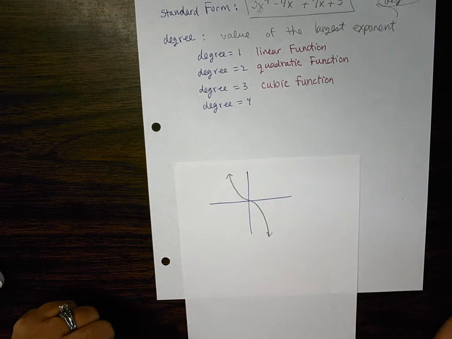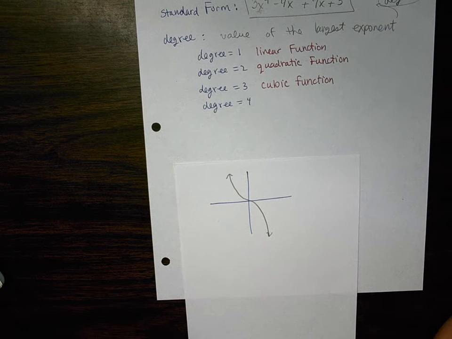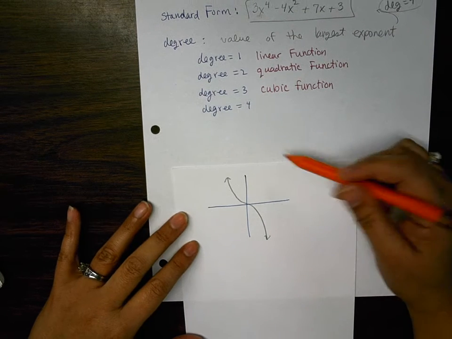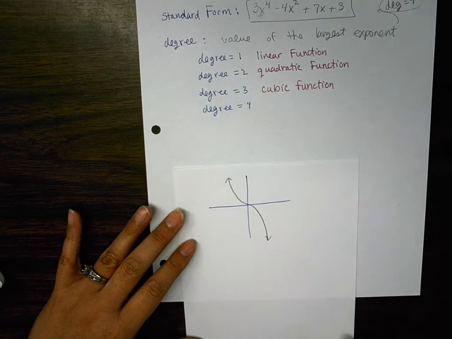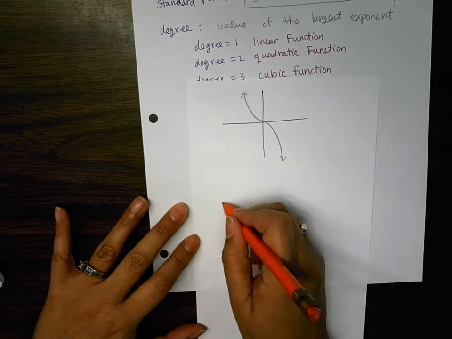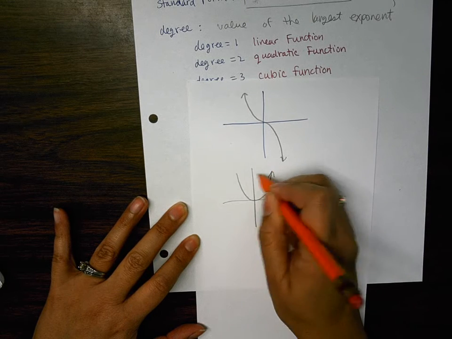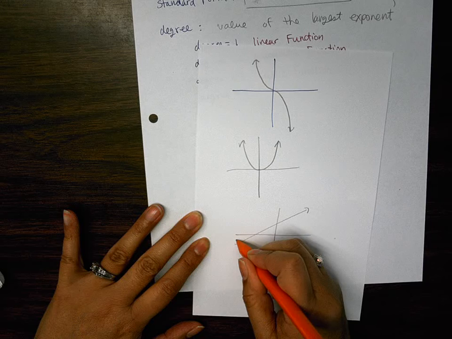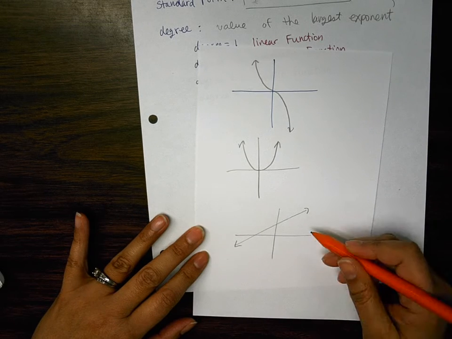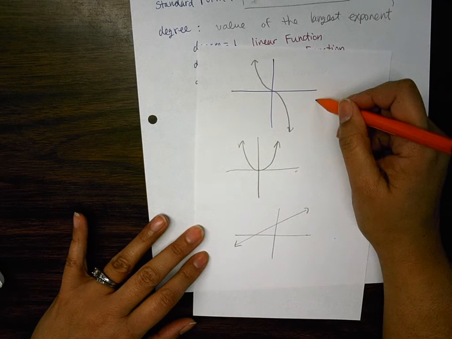Yes. Oh, shoot. Math 1, thank you. Last year in Math 1, did you guys have this cubic function? Yes? All right. So this is cubic. Quadratics are the U shapes. And then linears are just the straight lines that you're used to. Linear, quadratic, cubic.